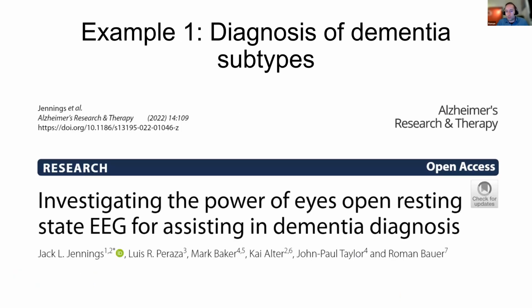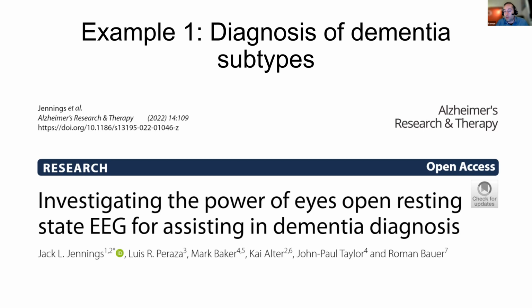Now, I want to just briefly show you some examples where we have used supervised learning for such applications. And so the first one is this paper that we published quite recently, where we investigate the powers of EEG data in order to assist in dementia diagnosis.